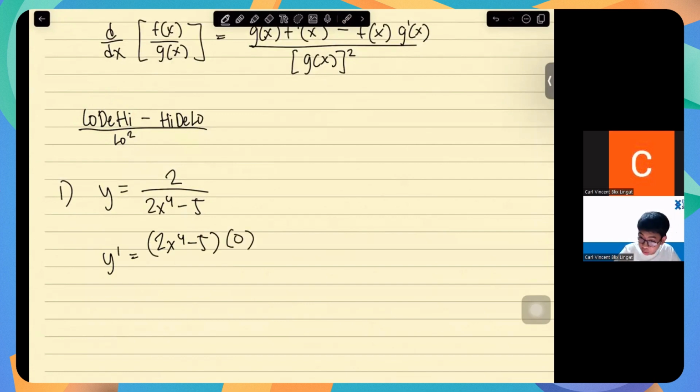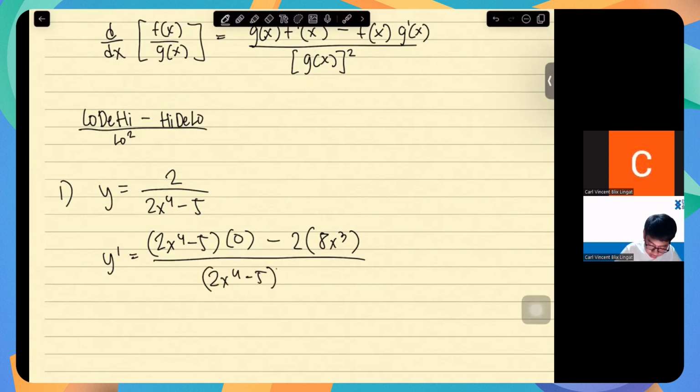Since it's 2, the derivative is just 0. Minus high times the derivative of low. So we just get the derivative of low, that is 8x cubed, over low squared, so 2x raised to 4 minus 5 squared.